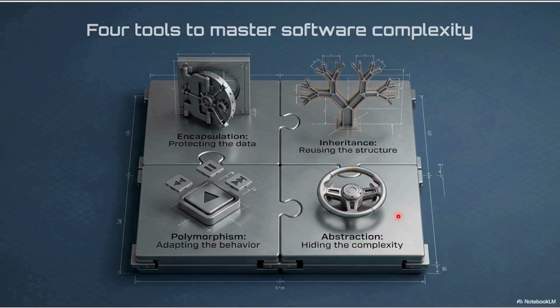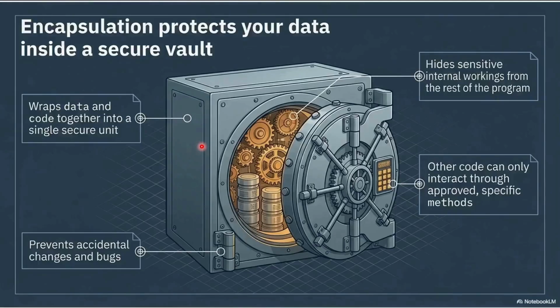Now let's move forward, and these are the 4 tools that you need to master if you want to develop software. What are the tools? Encapsulation, inheritance, polymorphism, and abstraction. Now what is encapsulation? One by one. Encapsulation protects your data inside a secure vault.